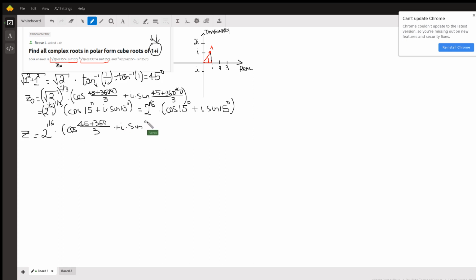So 45 plus 360 over 3. With that, you can do the rest of the work for z1 and also z2, and you will see that the answers match up with the answers from your book. Thank you so much.